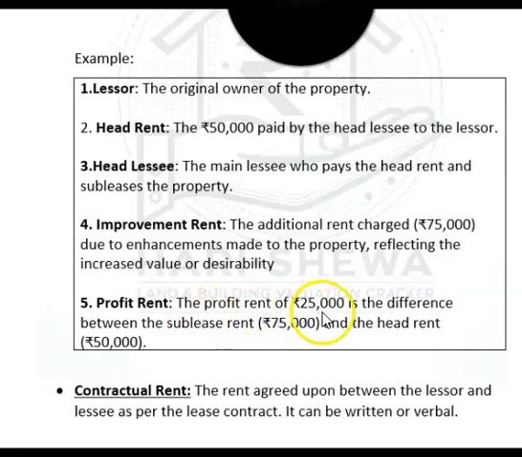The profit rent of 25,000 is the difference between the sub-lessee rent 75,000 and head rent 50,000. Improvement rent, profit rent are important.